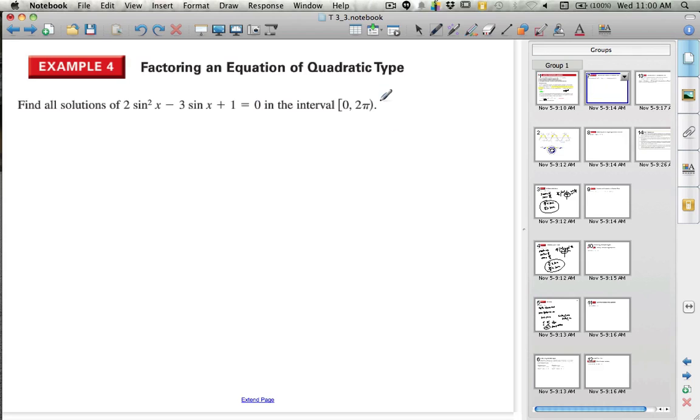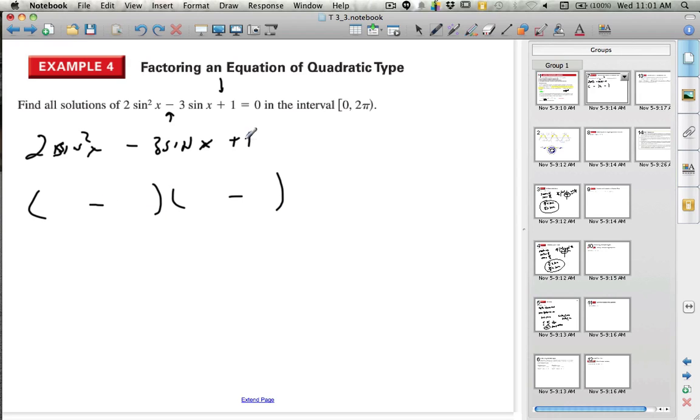So an example here: I have 2 sine squared x minus 3 sine x plus 1. Now I know from this sign that my signs are both the same, and I know from this sign that they're both minuses.